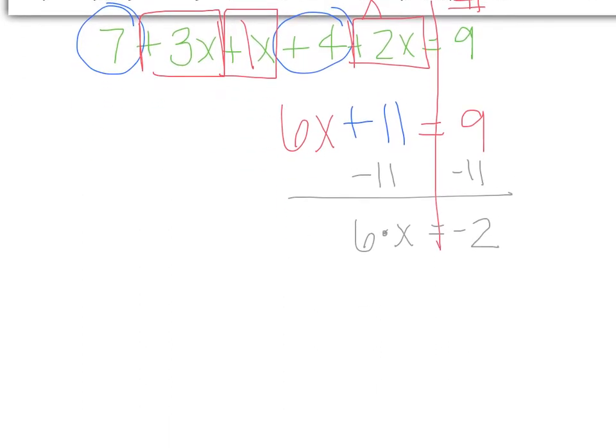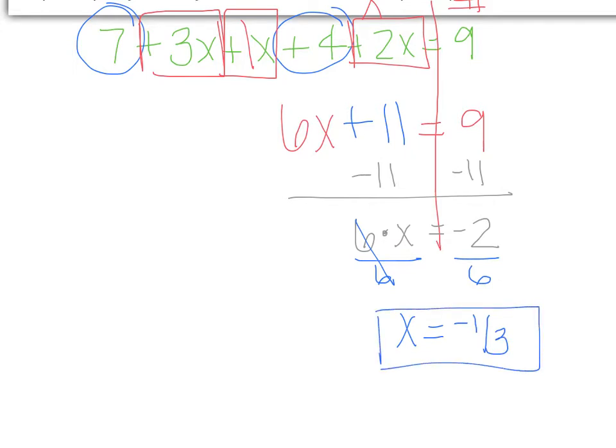And then we need to get rid of that 6 that's multiplied. So we're going to divide both sides by 6. So we get x equals negative 2 divided by 6. I can't actually divide that because 6 is the bigger number and it's on bottom. It's going to be a fraction still. I can reduce it and it is going to give me negative 1/3. And that would be my answer.